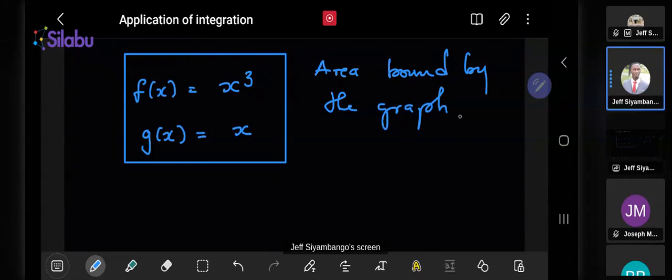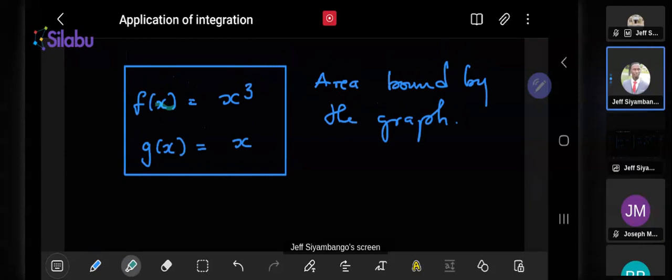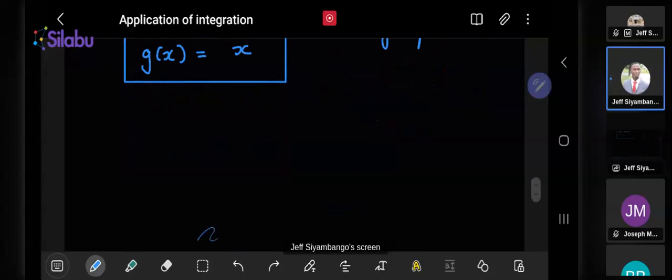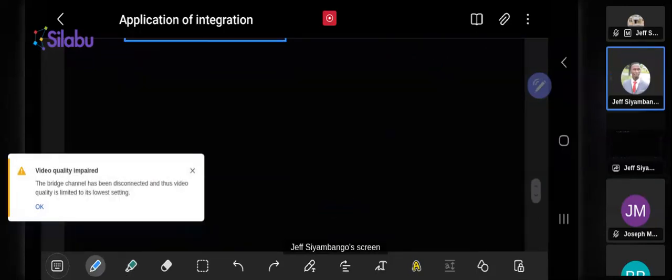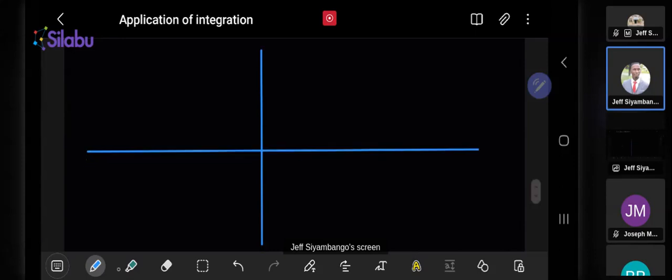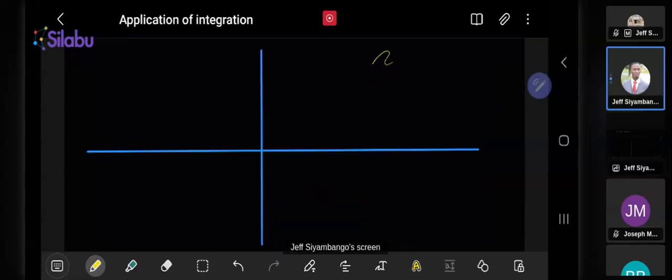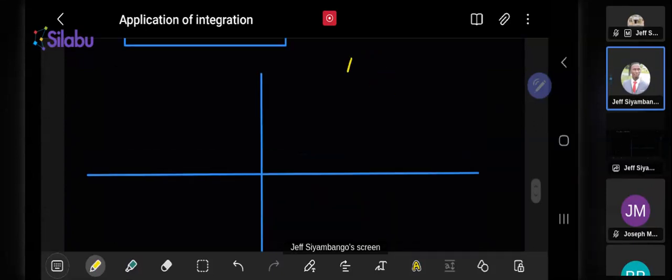How do you find the area in this case? Well, if you try to create a sketch of the two functions, look at what you end up with. I'll start with this one. I'll just try to place it there. So if what we have is the coordinate axes, we have this and we have this. Observe that graph there, if you try to sketch it, it's going to be something that comes down like this, and then it crosses the x-axis right there, and then it goes down like that.